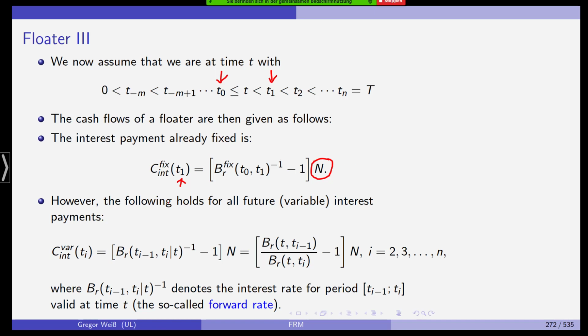Now, for all future variable interest payments, we get the following. We need to take what we now call the forward rate.